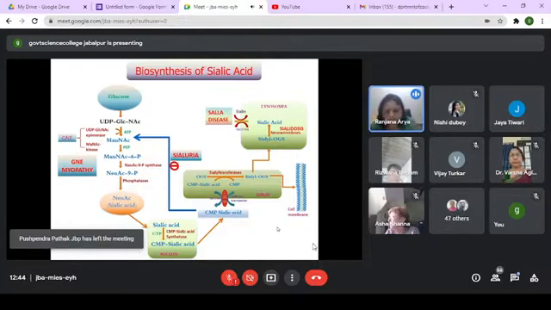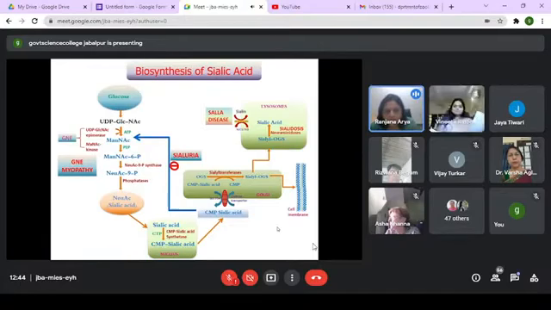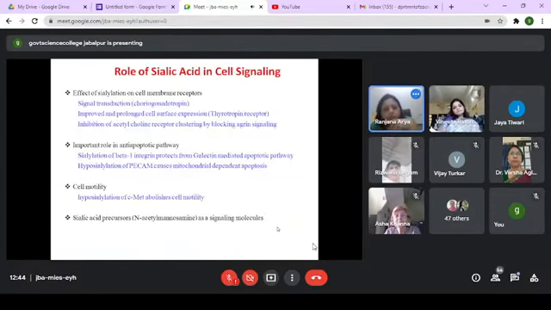It has an epimerase and a kinase domain, and mutations in it lead to GNE myopathy. The whole pathway guides the addition of sialic acid to the protein and its expression on the cell membrane.